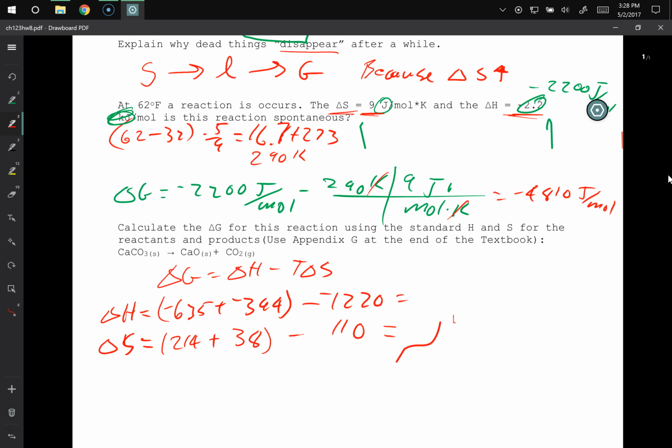So negative 635 plus negative 394 plus 1200. So this is 191. And down here we've got 214 plus 38 minus 110.